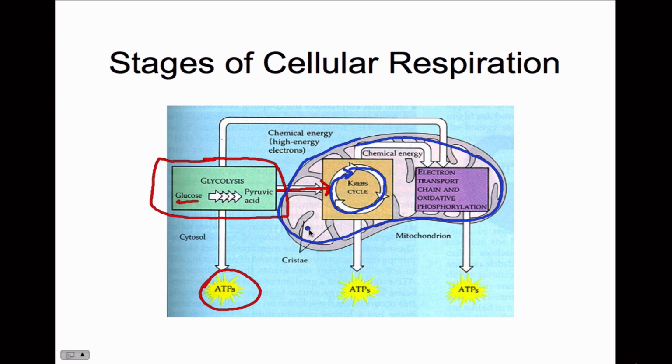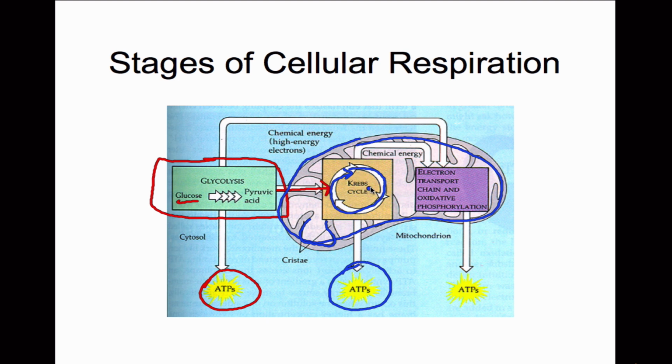The mitochondria has all of these folds in here called cristae, and that increases the surface area, so it ensures that this reaction can happen a lot because organisms need a lot of energy generated. So we go through this Krebs cycle, and there's some ATP generated, but still not very much. We have just a couple of molecules created by the Krebs cycle.